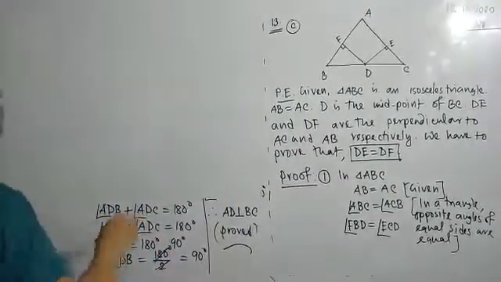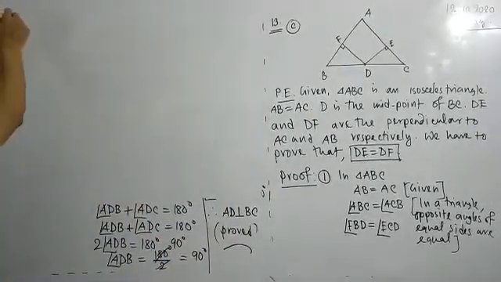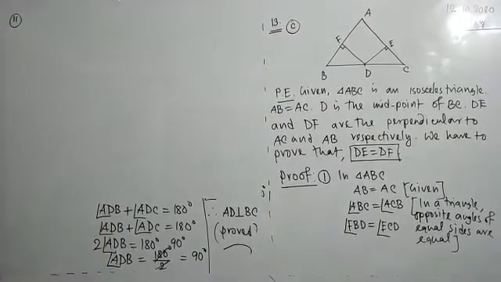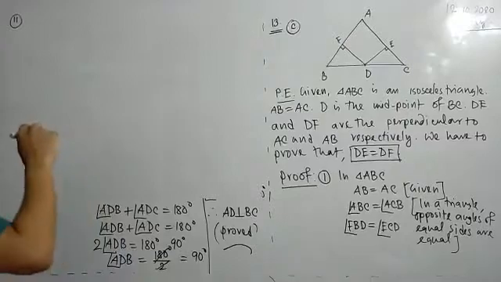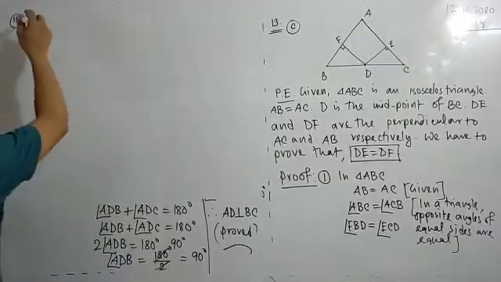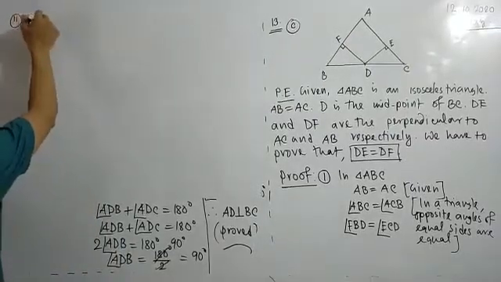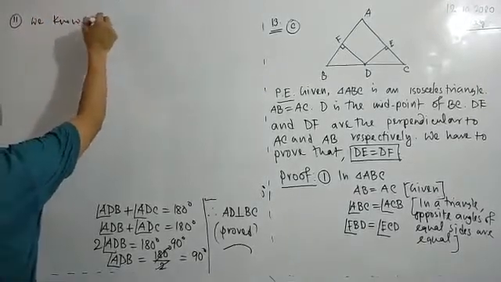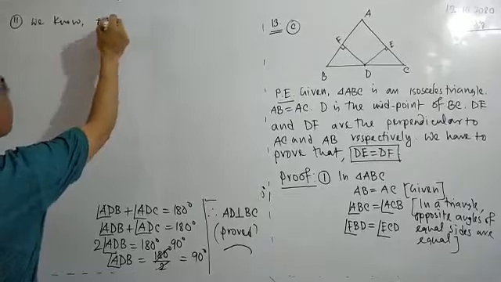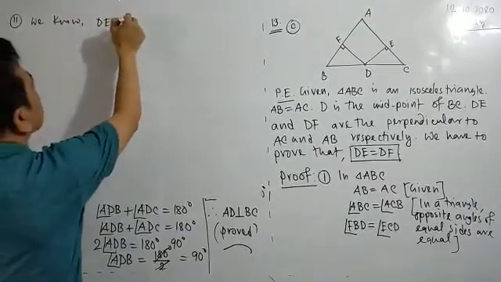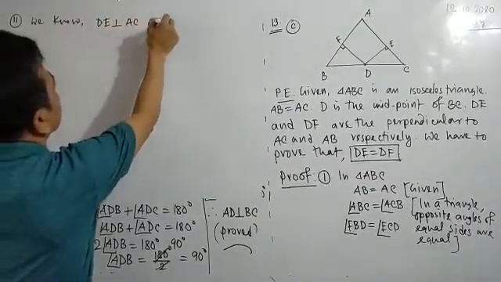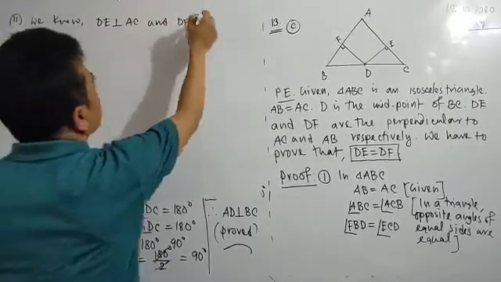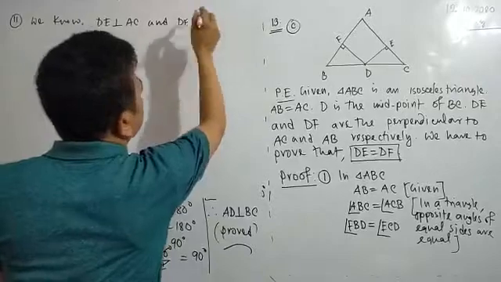So look at that. Okay, and already we know DE is perpendicular to AC and DF is perpendicular to AB.